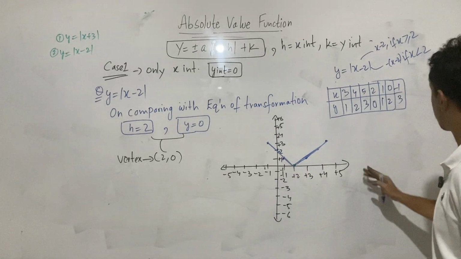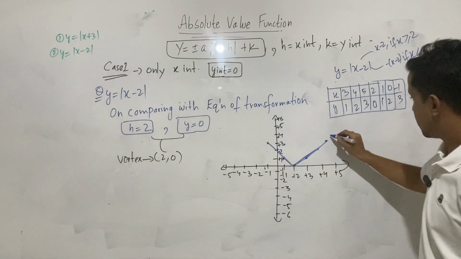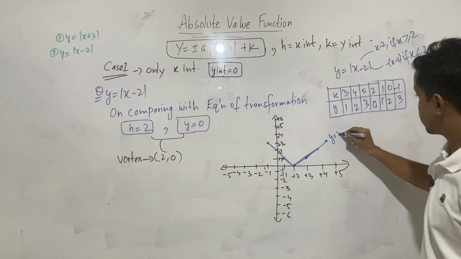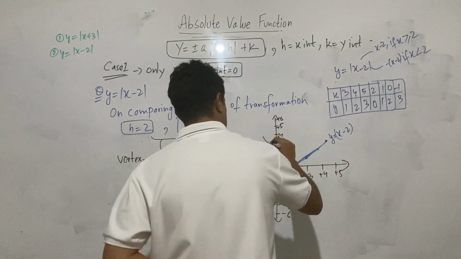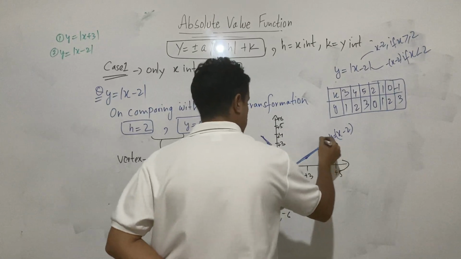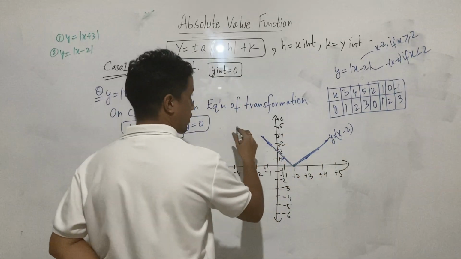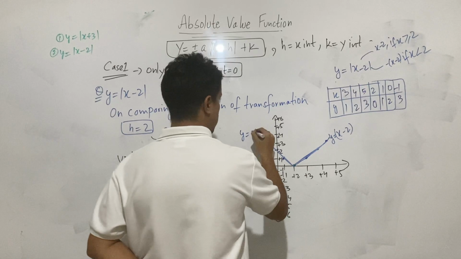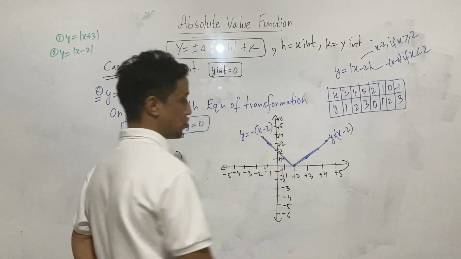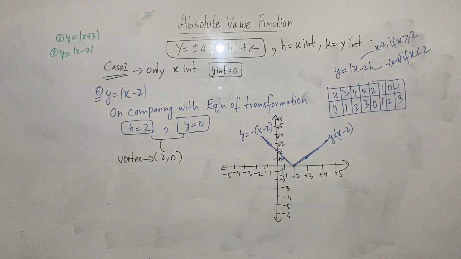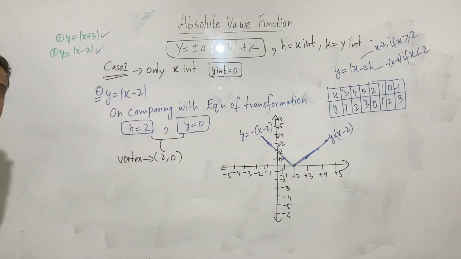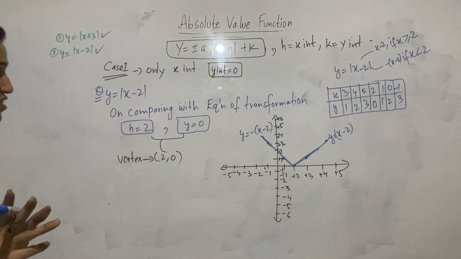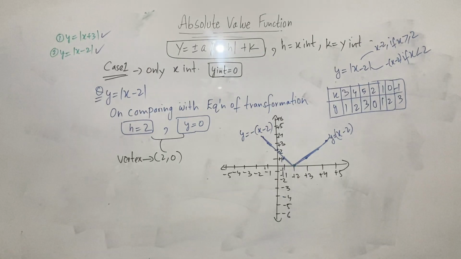Greater than 2 means this is y equals x minus 2, and this one is y equals negative x minus 2. So I hope this is clear. We can take one more question for better clarity.